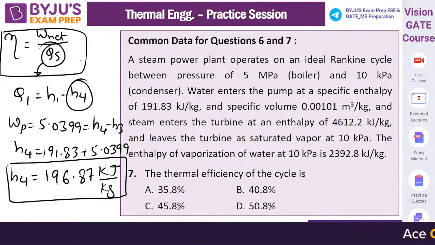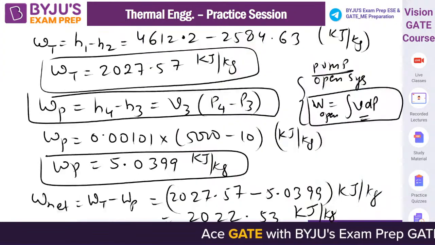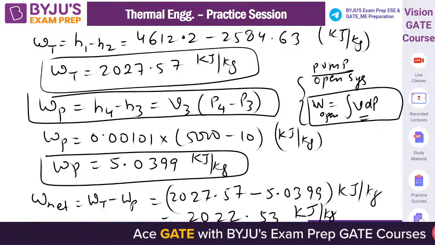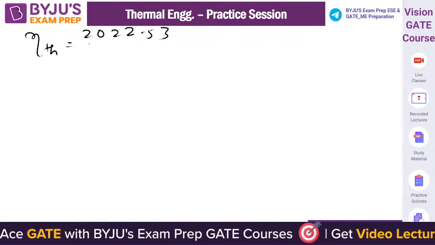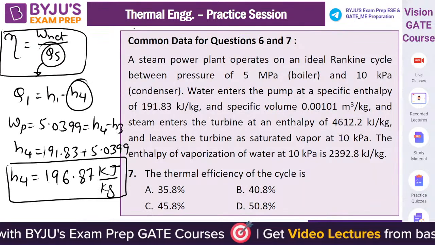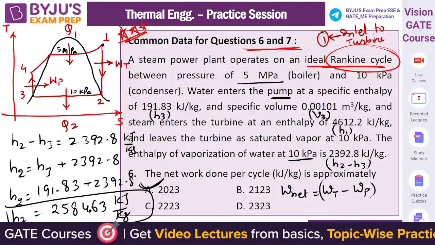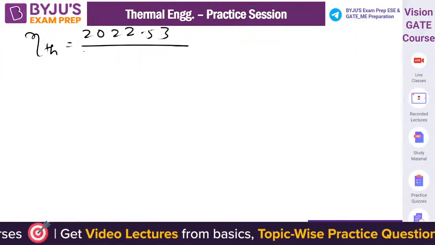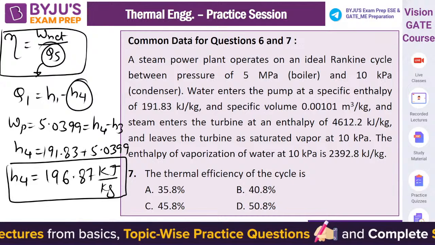So the thermal efficiency will be given by W net, that is 2022.53, divided by H1 minus H4. And what is the value of H1? H1 is equal to 4612.2 minus H4, that is 196.87.